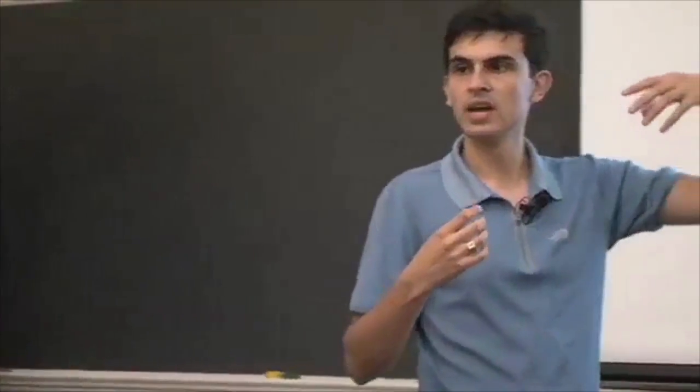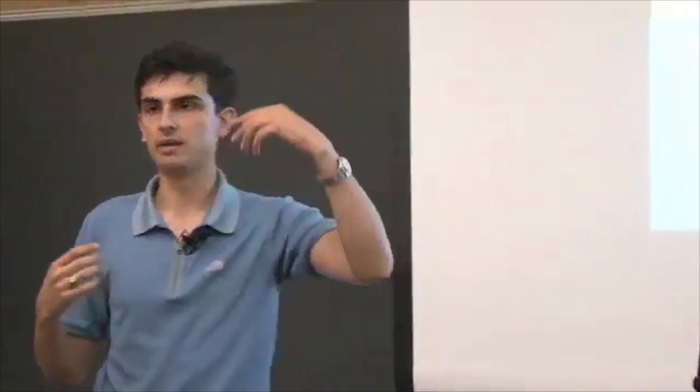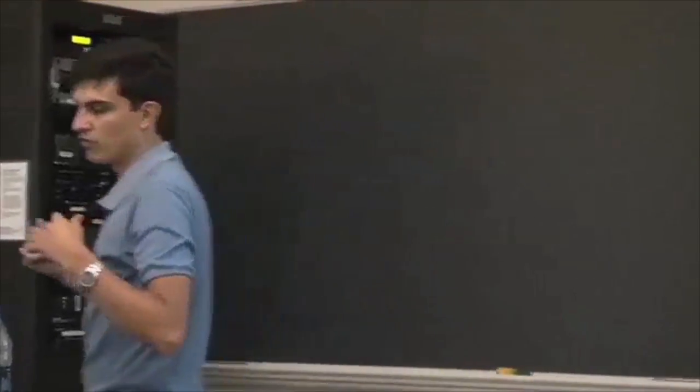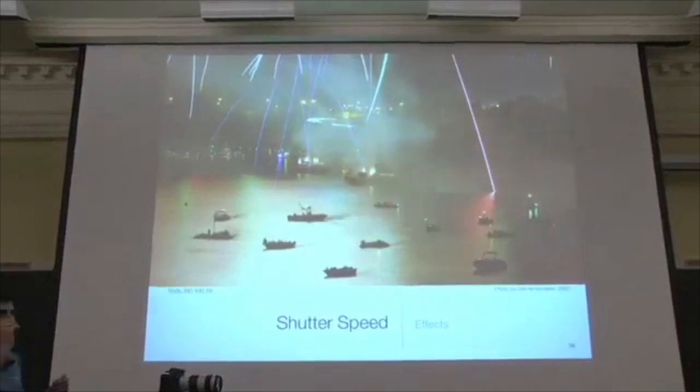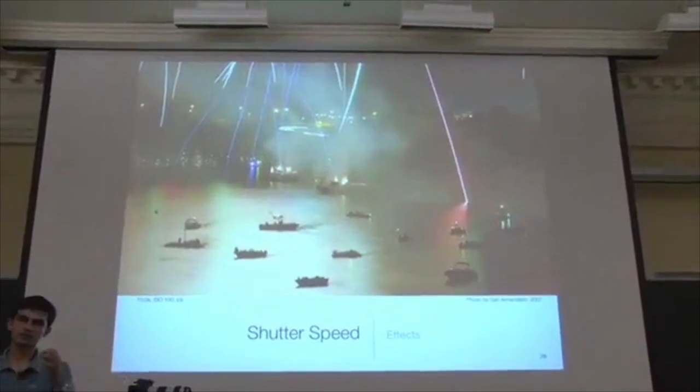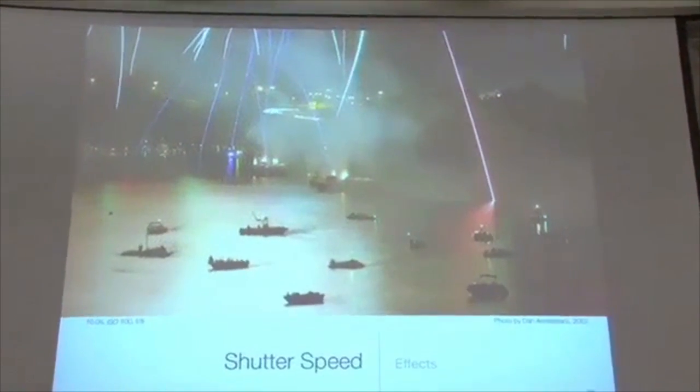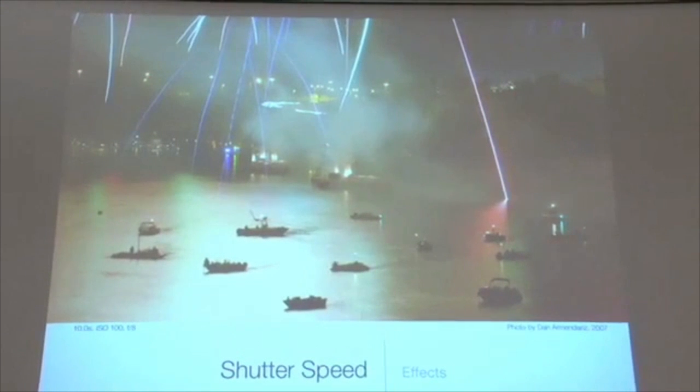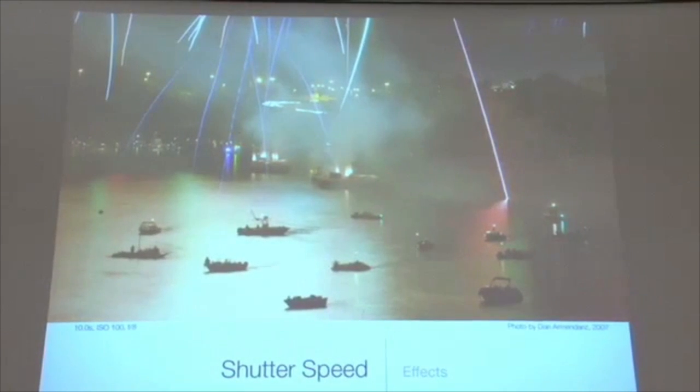But this is sometimes an effect that we want. So sometimes you want to be able to have the shutter open for a long period of time and get motion and movement within it. Fireworks, for example, is one thing where you really want to see the motion of the fireworks. If you take fireworks photos with a typical camera, sometimes it will try to make the shutter speed too fast so that you only see a very small part of the firework.